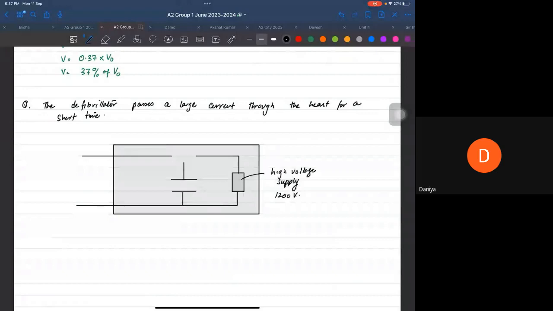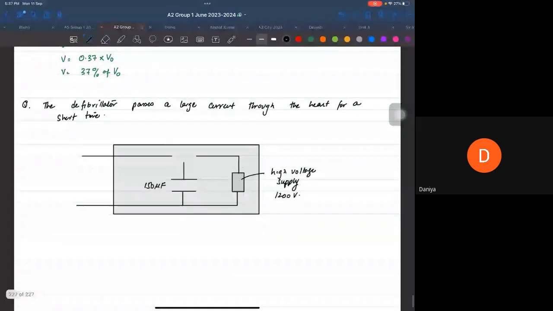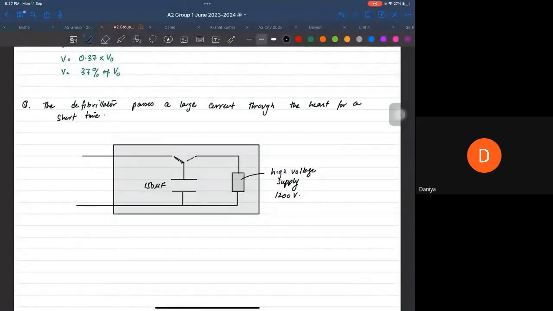This is a capacitor, 150 micro farads. This is a switch that we connect from one point to another. This is a two-way switch.